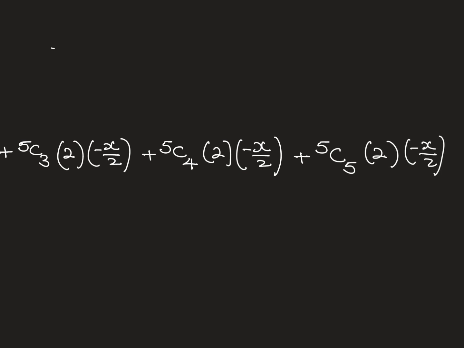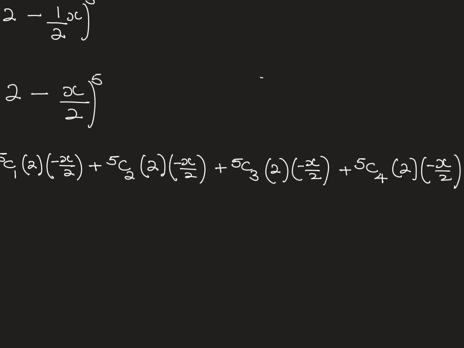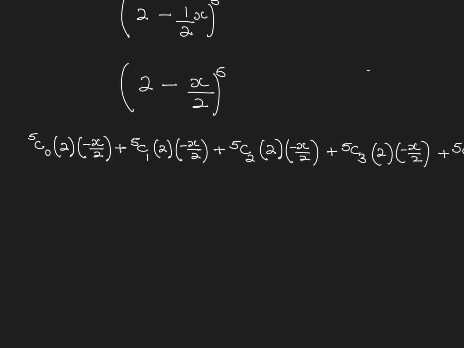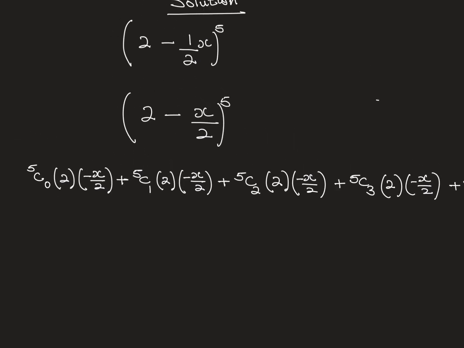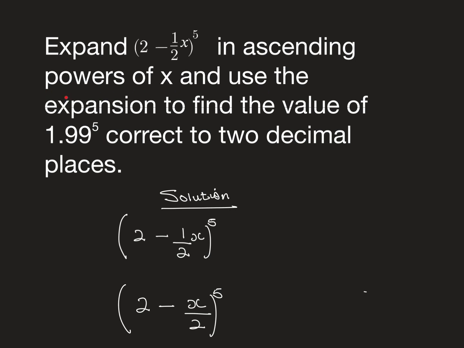Where should you stop? When the power and the value of r are equal. So the power is 5, therefore the maximum value of r will be 5. Okay, then after doing this, what we can do is to bring in the powers of the binomials. The question has instructed us that x has to be in ascending power.